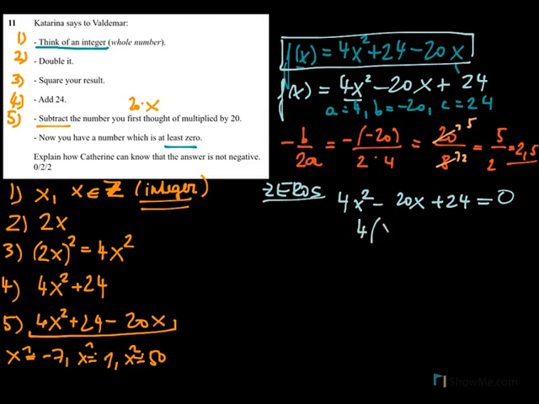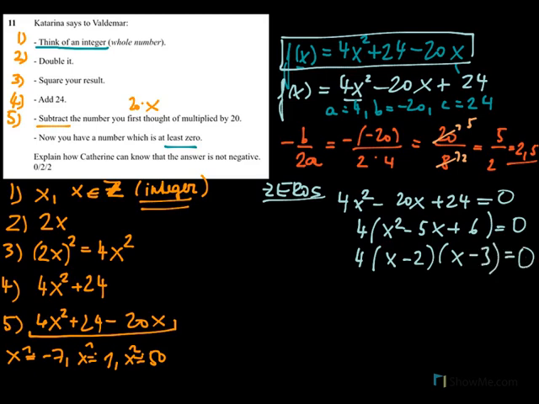I will just factor it out, is equal to 0. I will now factorize x squared minus 5x plus 6. Remember the sum product rule. So this is (x minus 2)(x minus 3) is equal to 0. So the zeros are x is equal to 2 and x is equal to 3.